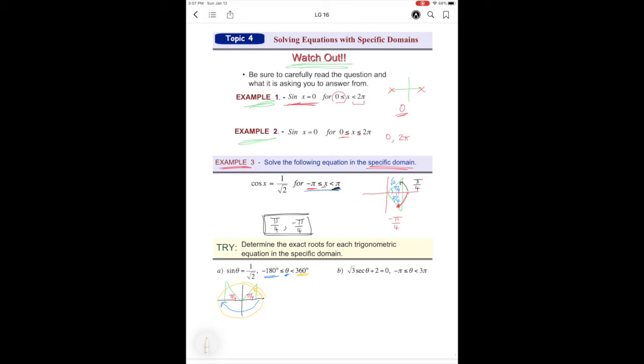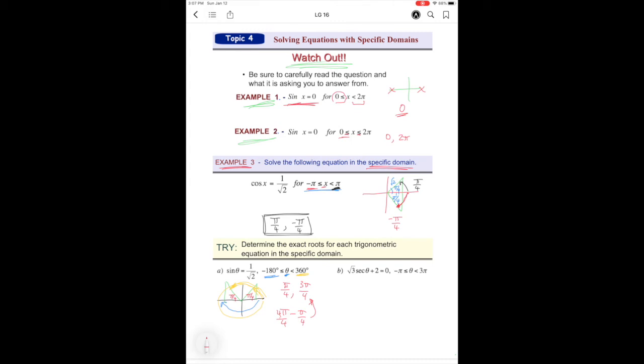So we hit it there and we hit it there. So we know the answer for this one will be pi over 4 and pi minus pi over 4, which is 3 pi over 4. Okay?